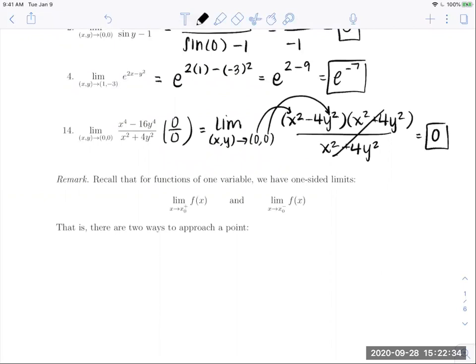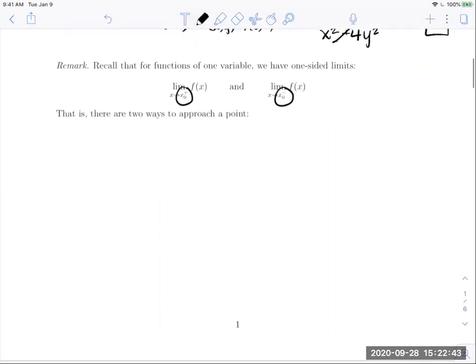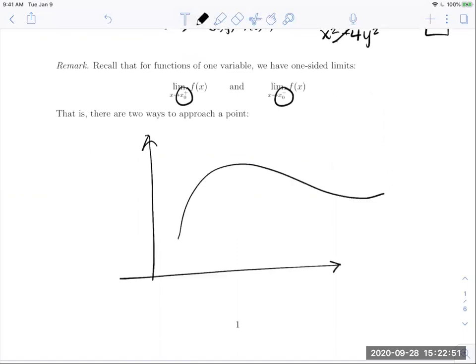We talked about how we can approach an x value from the right or from the left. So there are 2 ways to approach a point. Geometrically, we can illustrate this with just a generic function. So just draw some function, doesn't matter what it looks like, and we'll call this function f of x. And then pick some point here along the x-axis, we'll call it x naught.